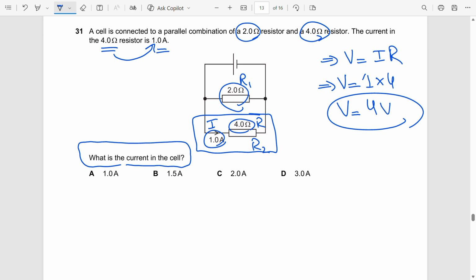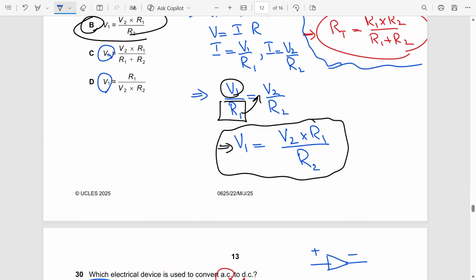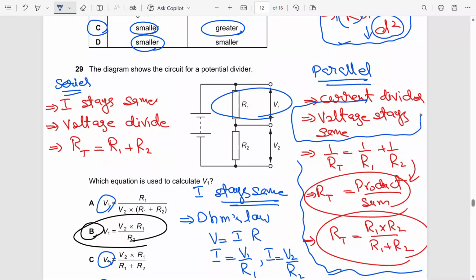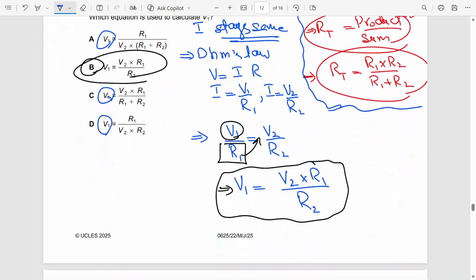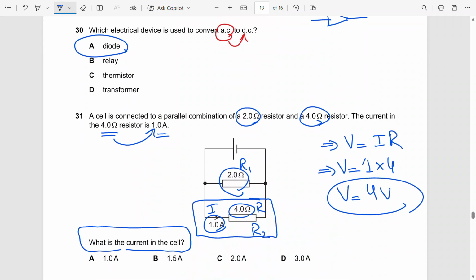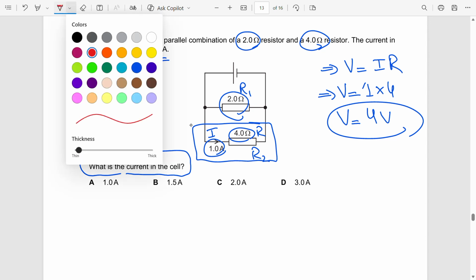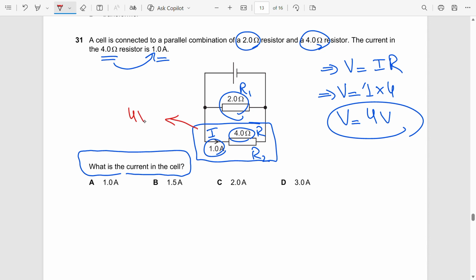Now, in a parallel combination of resistors, voltage stays the same. That was the main reason, I have discussed each and everything in the last portion. So right here in this portion the voltage is 4 volts.